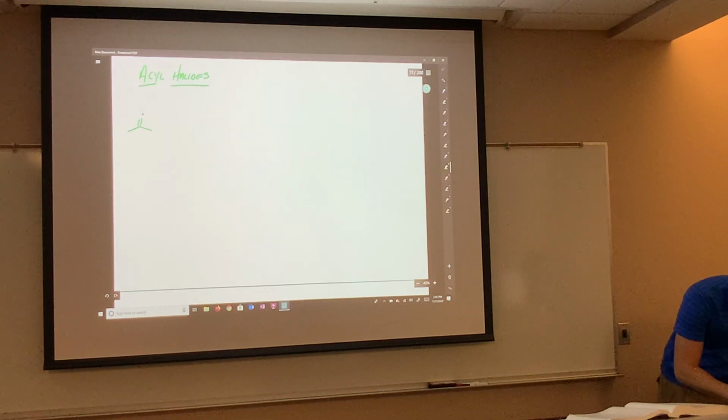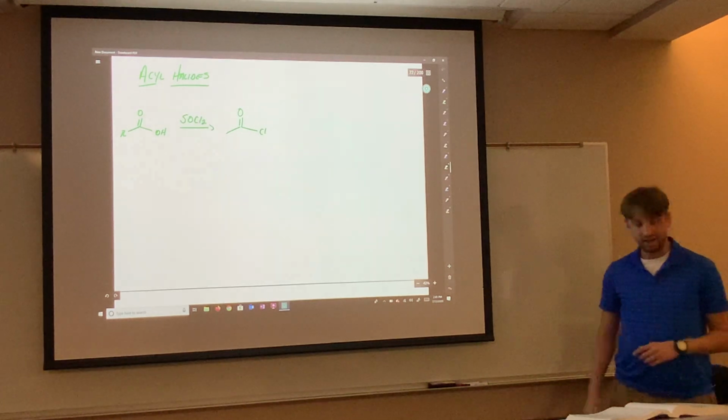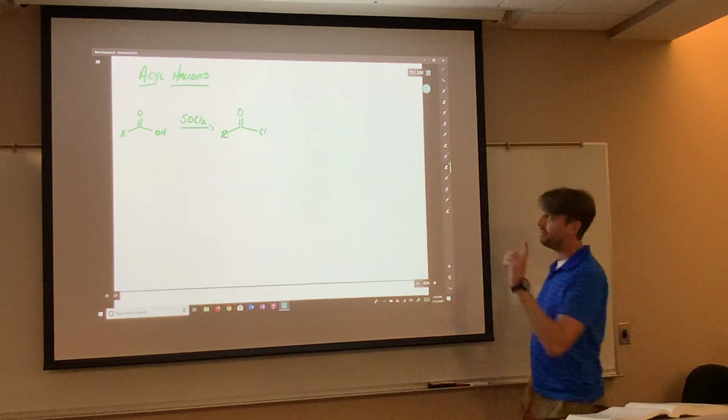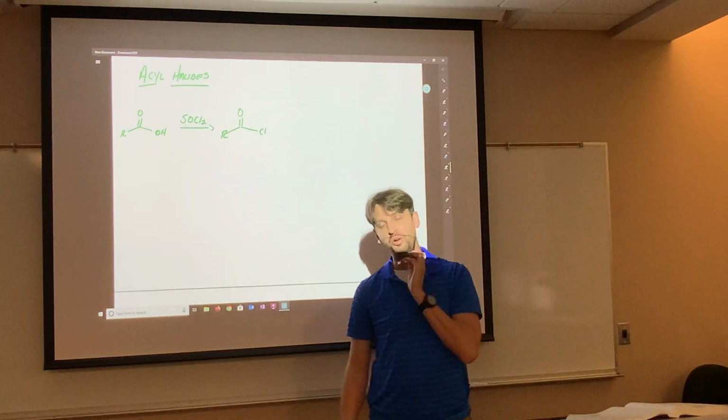So making an acyl halide starts from a carboxylic acid, right? And we can go directly into an acyl halide pretty easily using a reagent that we've seen before. Let me put an R group here. Our buddy thionyl chloride, SOCl2.